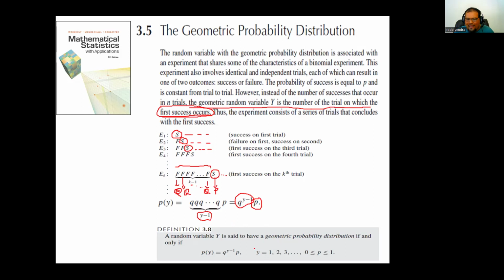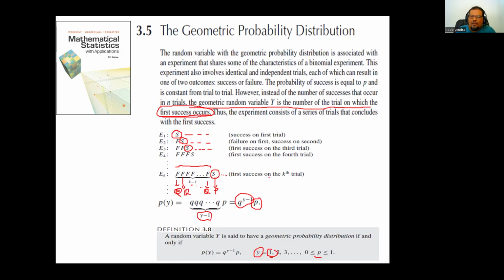Of course, y starts from 1, for p between 0 and 1. In the binomial, we start with 0, but for the geometric, we start with 1. This is the concept.